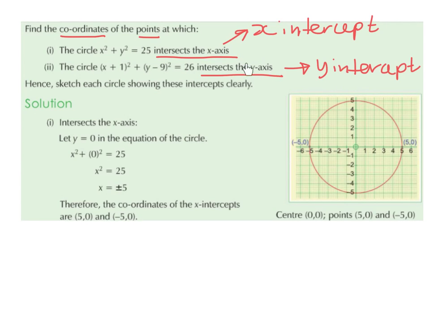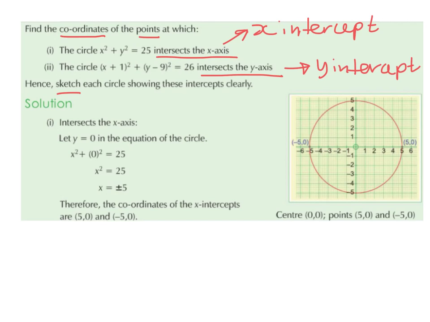So where it intersects the y-axis is basically the y-intercept. To find the y-intercept, we let x equal 0. Hence, sketch each of these circles showing these intercepts clearly. And hence means using what you've already found, so we're going to have to use the intercepts to draw the circle.